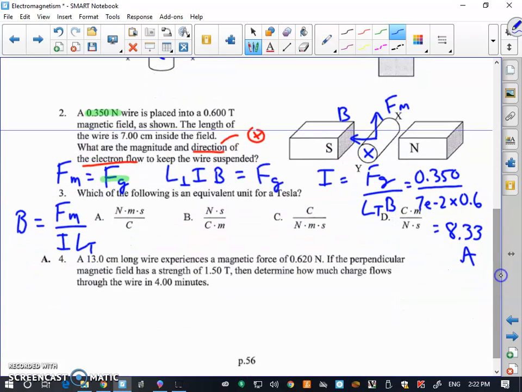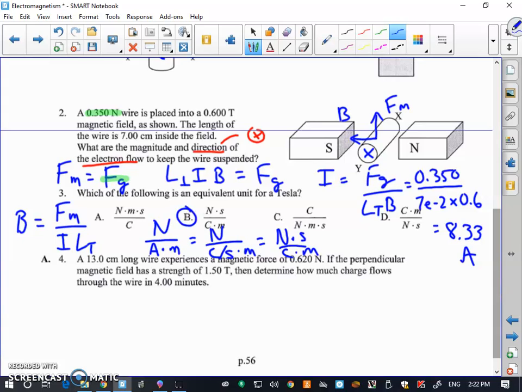Just going to get myself a little bit of space here. You have newtons over amps. Now an amp is a coulomb per second, so this should be a Newton over coulombs per second times meters, which is a Newton times second over a coulomb times a meter. Do we have one of those somewhere on this? Yeah, we do. It's part B.